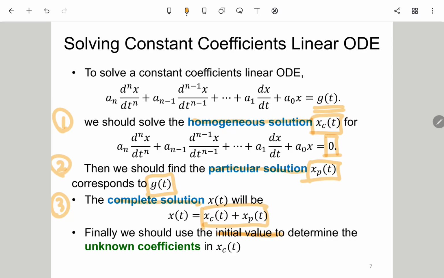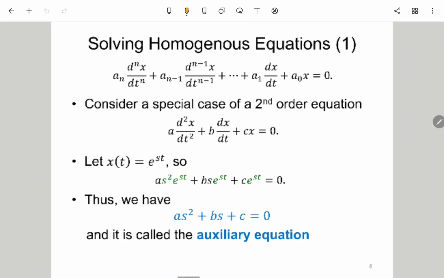It will have some unknown variables there. But if you have some initial values, depending on the order of the ODE, then you will be able to get the unique solution, determining the unknown coefficients in the xc of t. So this is a very brief overview of how to solve the constant coefficient linear ODE.